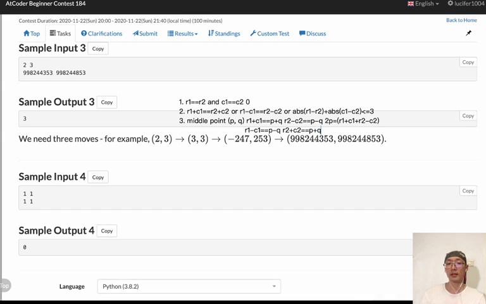So in this case, we need to check whether the parity of R1 plus C1 plus R2 minus C2 is valid.